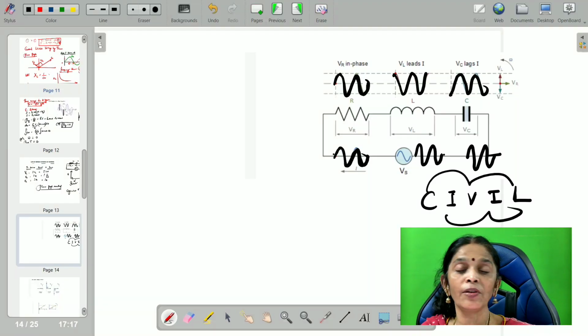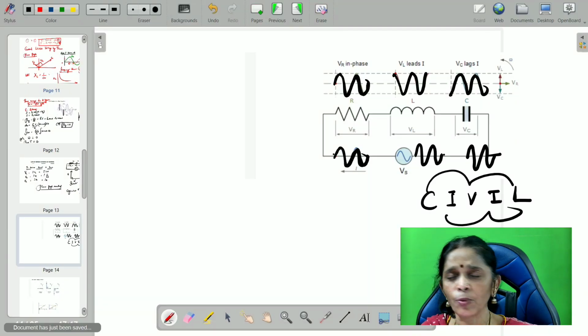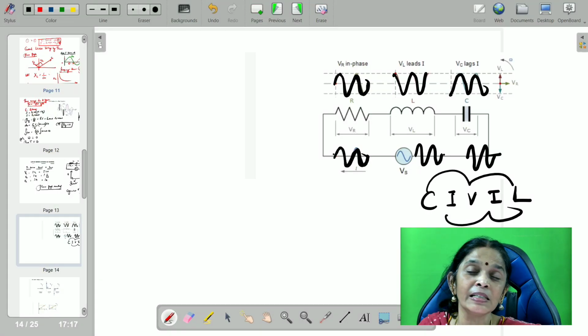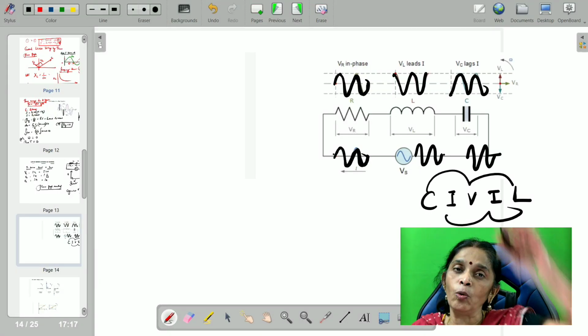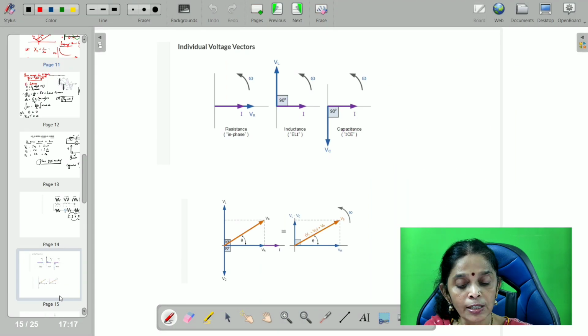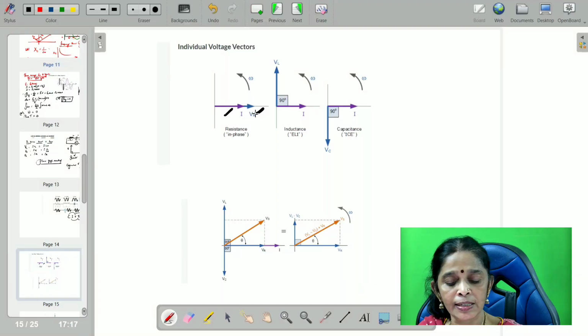Like that, you can have a mnemonic, or any mnemonic, whatever you want, take it. Whenever the current is lagging the voltage, that is inductor. Whenever the current is leading the voltage, that is capacitor. So, this is actually the phasor diagram here. You can see, voltage and the current are in the same phase. Now, current lags the voltage. Here, current leads the voltage. Therefore, this is capacitor, inductor, resistor.